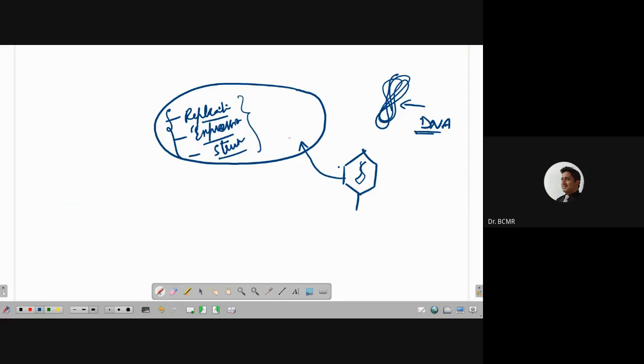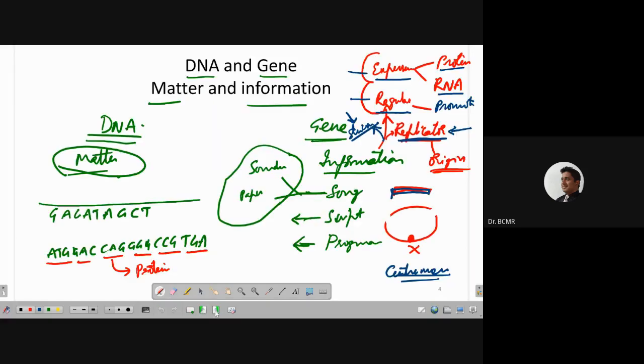So it depends on the function of the DNA and the location, where it is present, the context of it. That is how you should remember, or take a kind of philosophical approach to determine what is information. And remember that all information is dependent on physical components like matter and or energy.